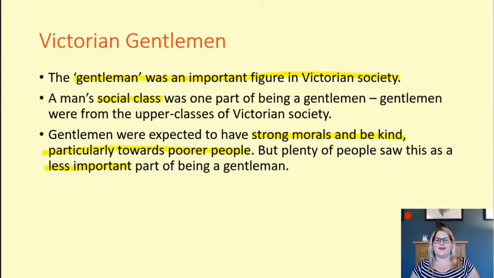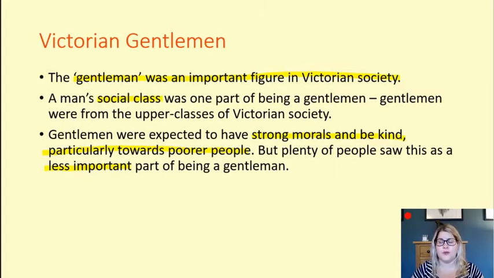Okay, so this idea of a Victorian gentleman was central. So a very important figure in Victorian society. And being middle class or upper middle class was part of being a gentleman. They were from the upper classes, the upper echelons of Victorian society. Now, gentlemen were expected to have strong morals, be kind, particularly towards poorer people.